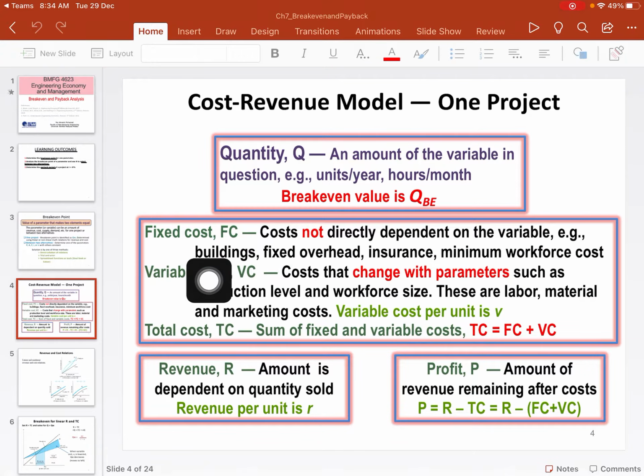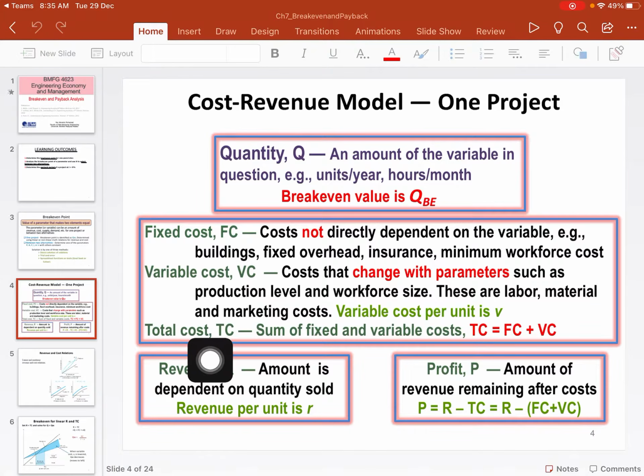For example, the cost of buildings, fixed overhead, insurance, minimum workforce cost. Hence, the variable cost, denoted as VC, is the cost that changes with parameters such as production level and workforce size. These are labor, material, and marketing costs. Variable cost per unit is denoted as V.